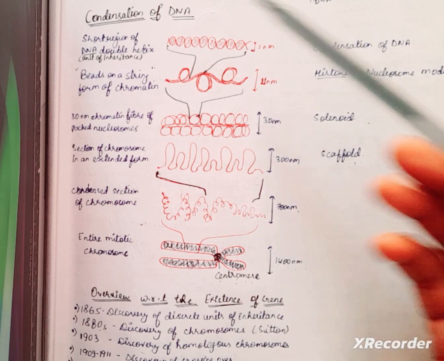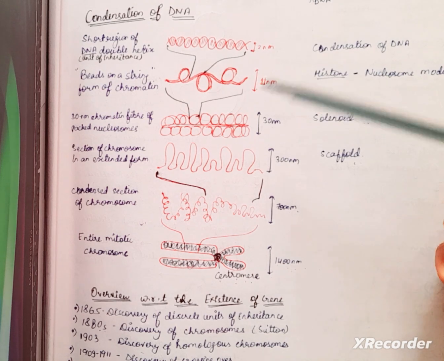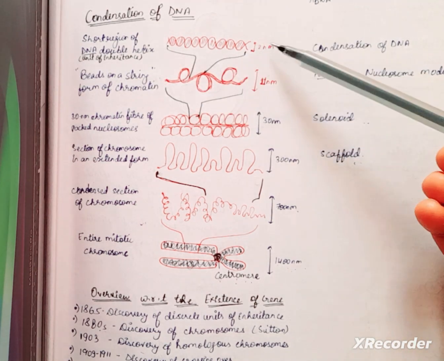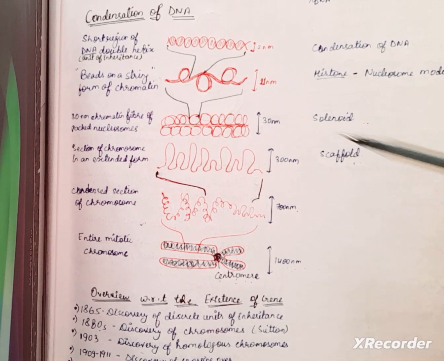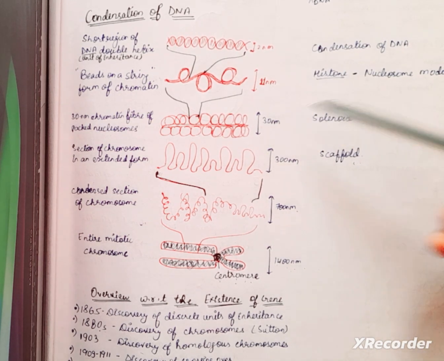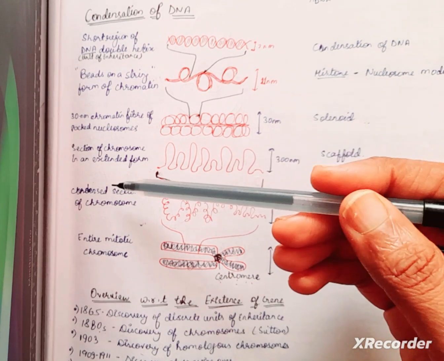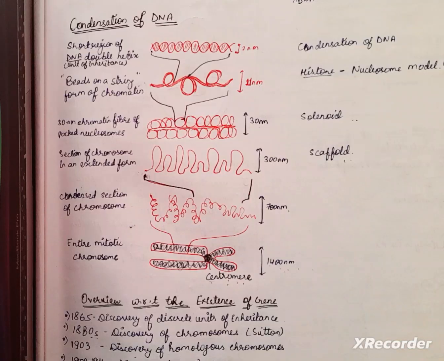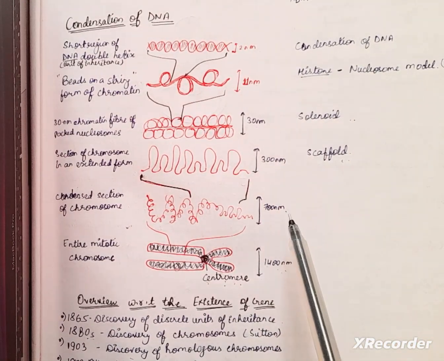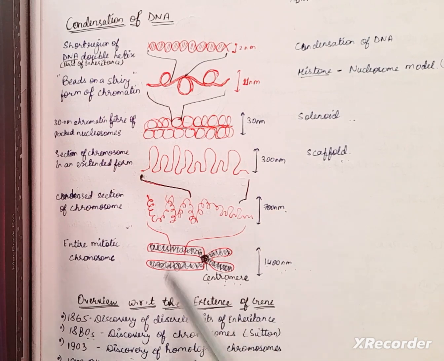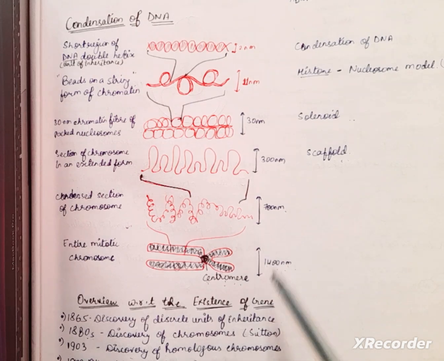So this is all about the condensation of DNA which we have discussed: DNA at 2 nanometer, then the histone nucleosome model at 11 nanometer, then the solenoid model at 30 nanometer, the scaffold model at 300 nanometer, then the condensed section of chromosome at 700 nanometer, and then the entire chromosome at 1400 nanometer width.